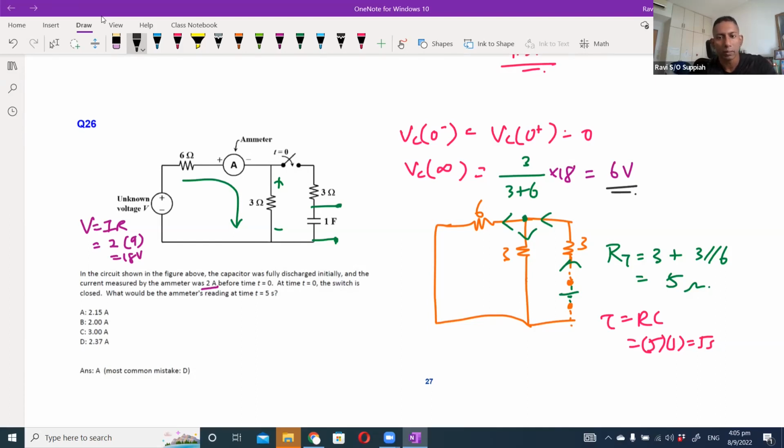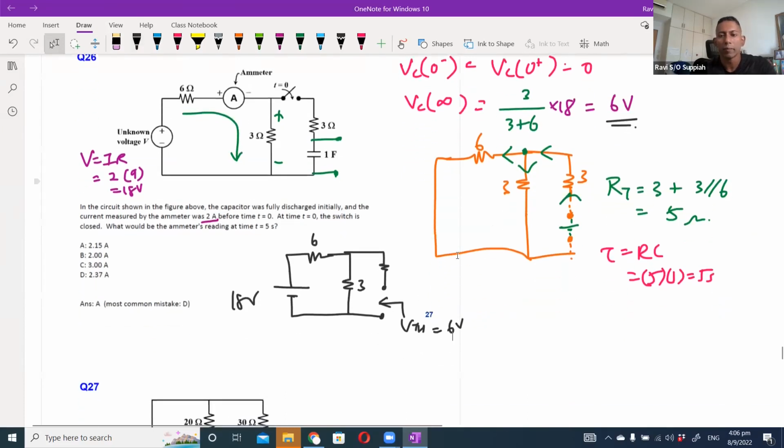If I were to just redraw it, we know this is 18 volt, this is 6 ohm, and this is 3, and this is already open circuit. So the voltage that I see here, VTH, is the same as the voltage across the 3 ohm, which is actually your 6 volts.